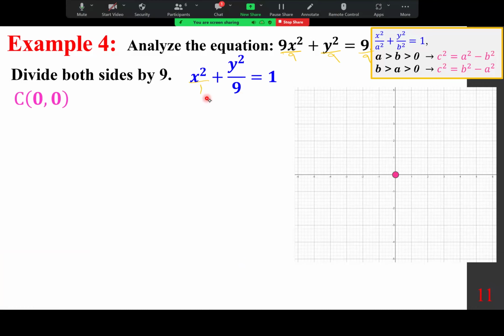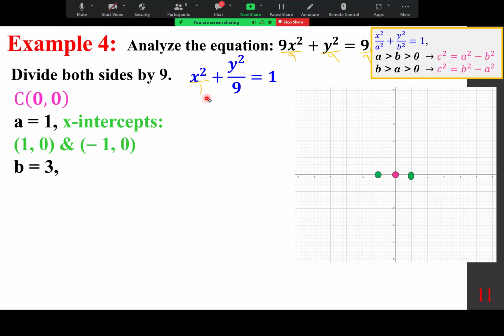A equals 1, which gives us the x-intercepts at (1, 0) and (-1, 0). B equals 3, which gives us the y-intercepts, and also B is larger than A. It makes them the vertices, the major axis, (0, 3) and (0, -3).